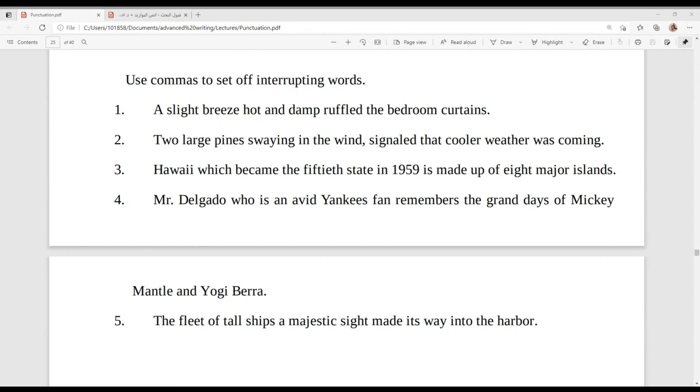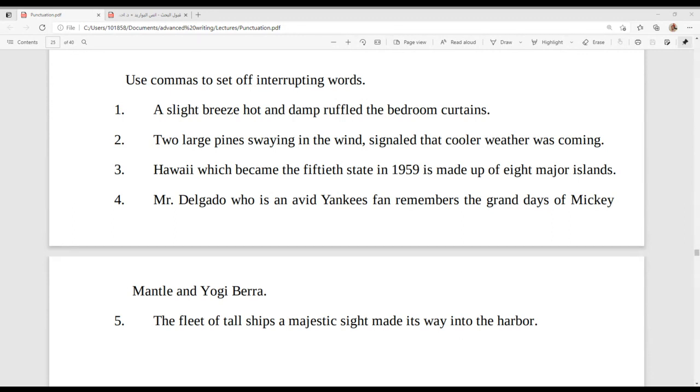Hawaii, which became the 50th state in 1959, is made up of 8 major islands. Which became the 50th state in 1959, comma, is.